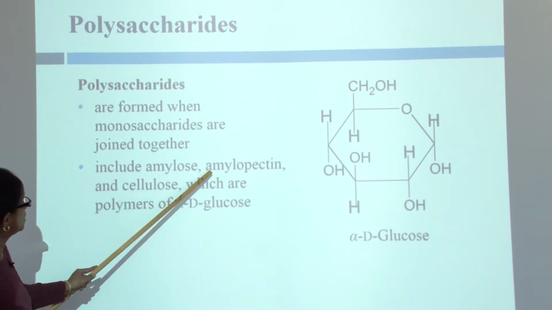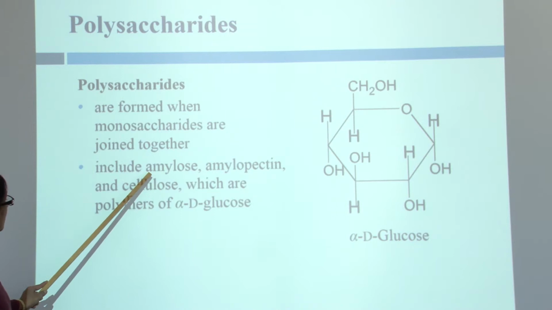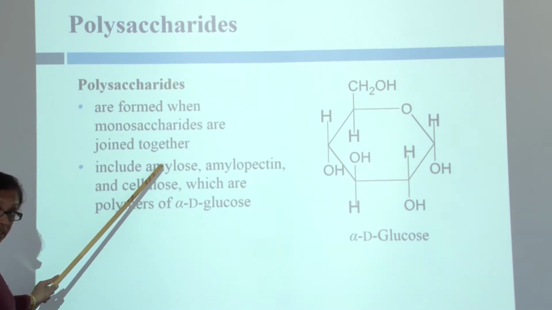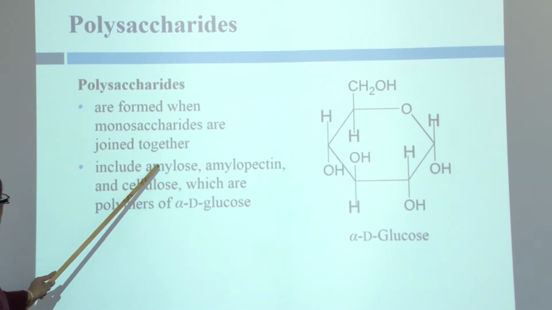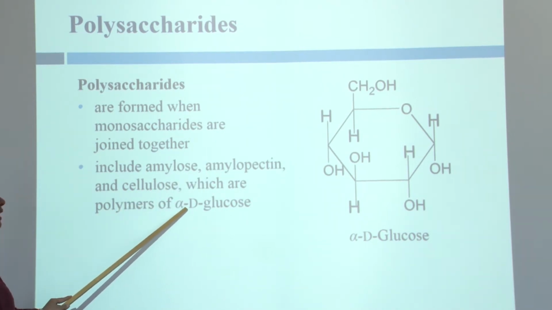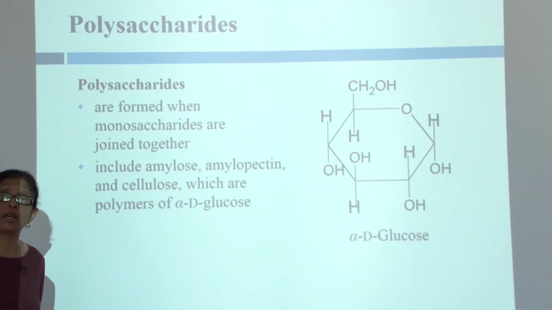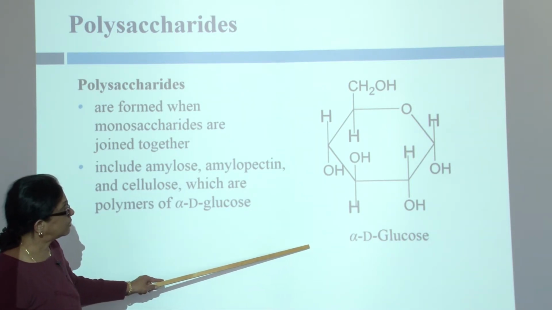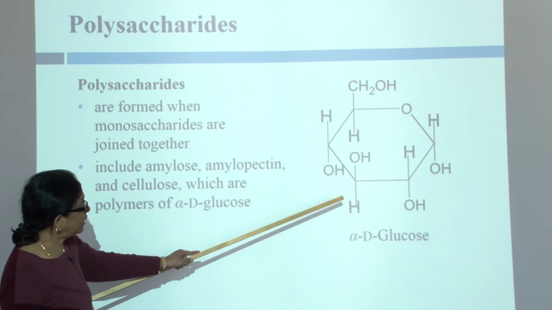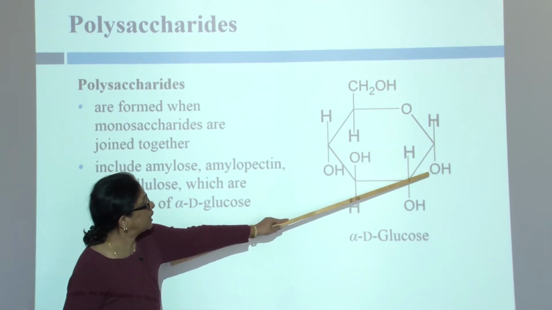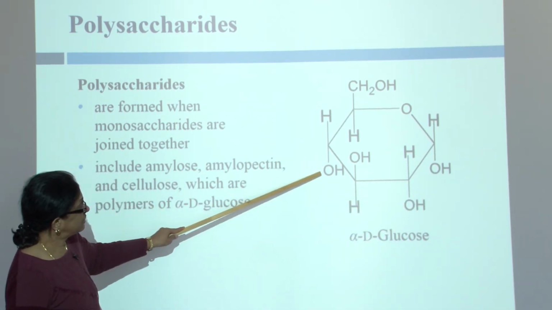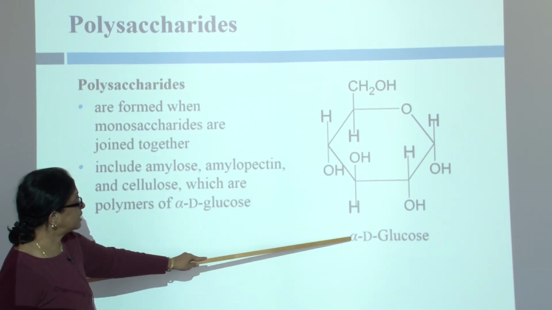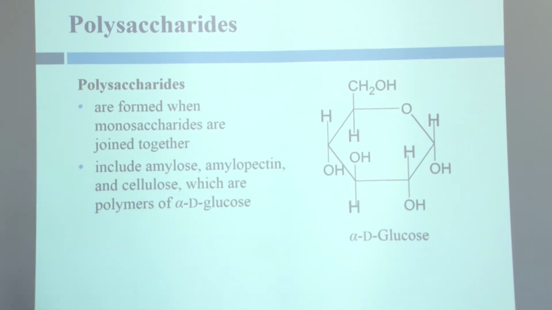And in these three polysaccharides, amylose, amylopectin, and cellulose, the monomer is alpha-D glucose. So alpha, OH is below the plane, D, this hydroxyl determines its D, so it's alpha-D glucose.